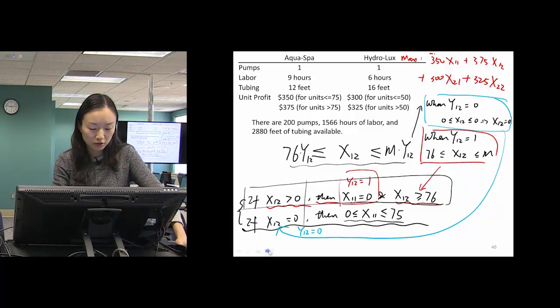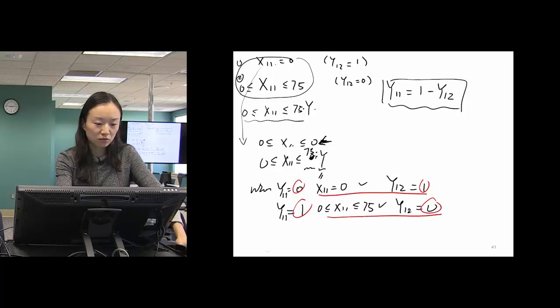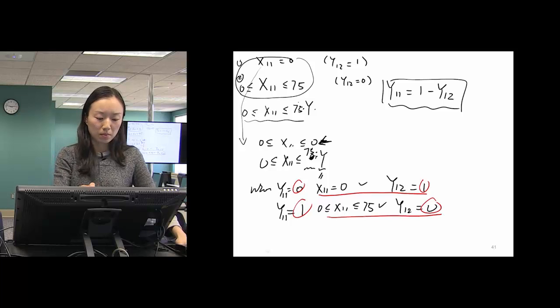And then we look at the other part, which is the x11 value needs to be either 0 or between these two. Then we talked about if you want to force a value to be 0, you better put a constraint on both sides. And in this case, it's 0, so we use the y. When y equals 0, then x1 will be 0. And looking at the other constraint, this is a little easier to come up with.